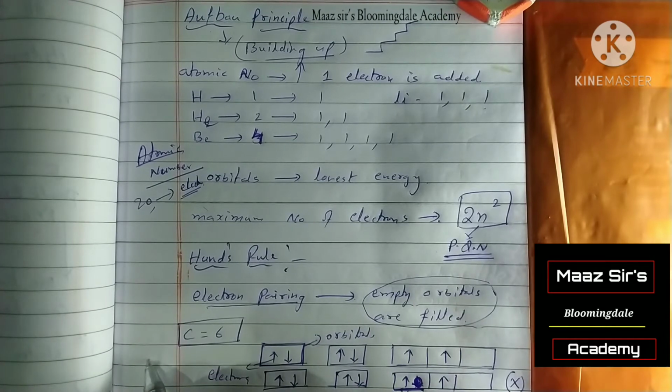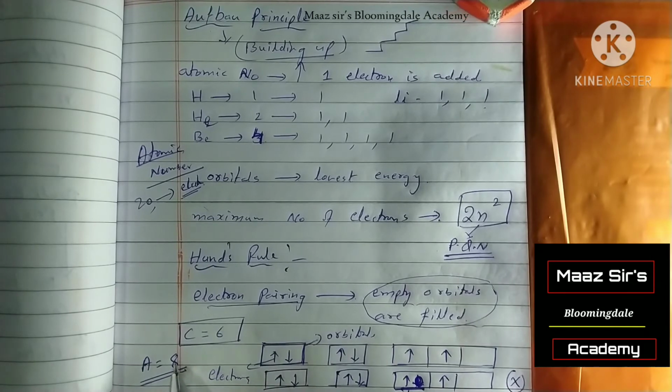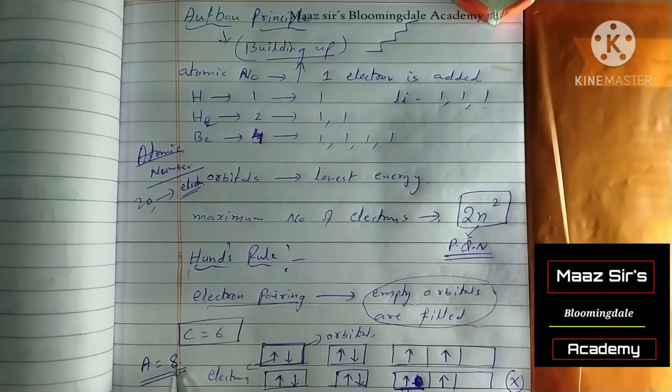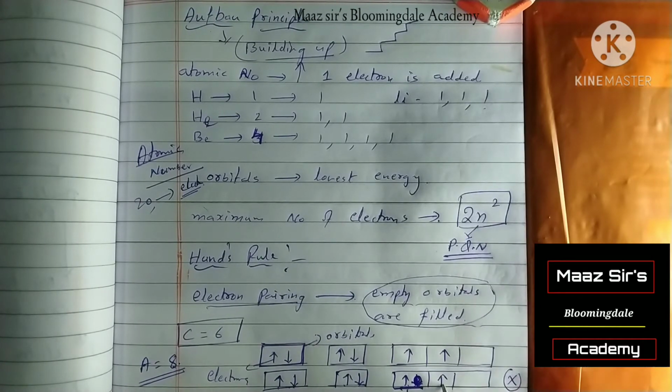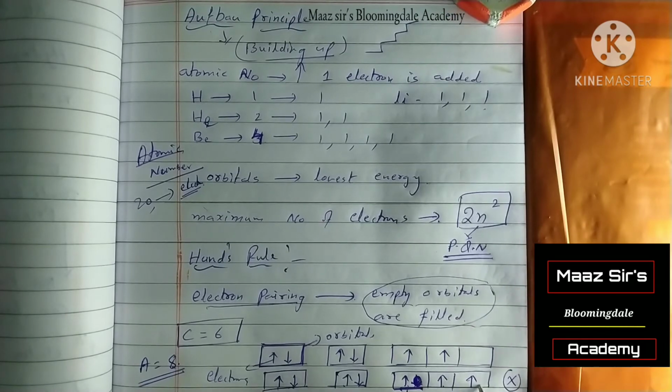Now let us see, for example, an element has atomic number 8. That means these electrons will be filled first, 1, 2, 3, 4, 5, 6, 7, and for the 8th electron, the pairing will start here.